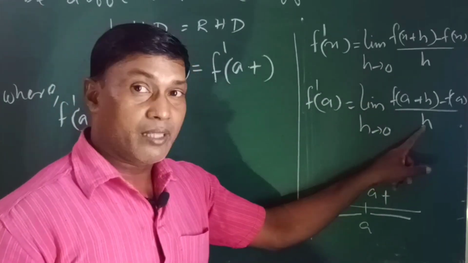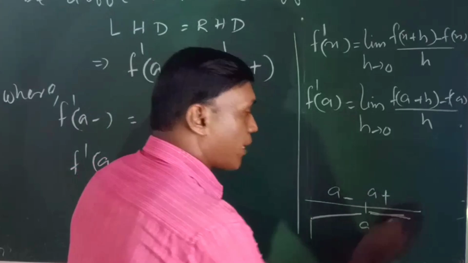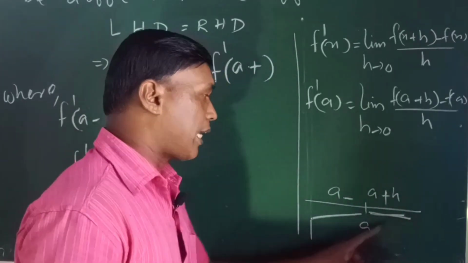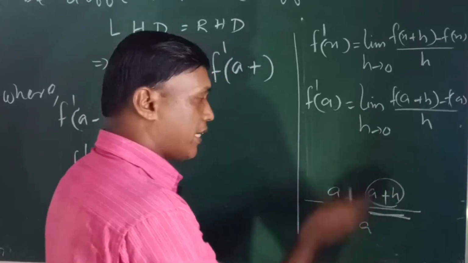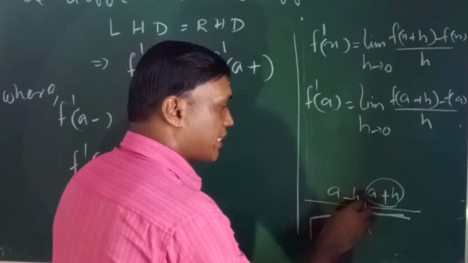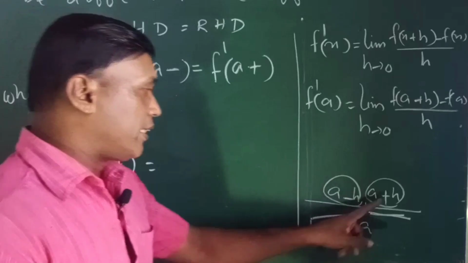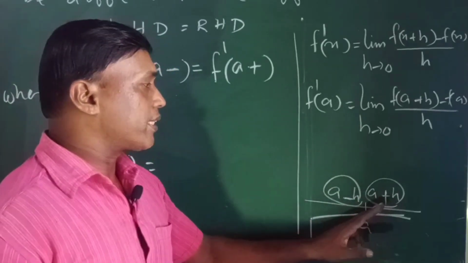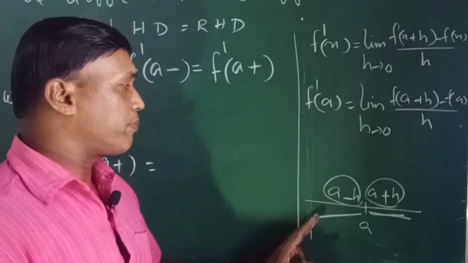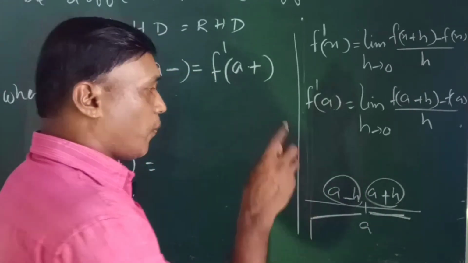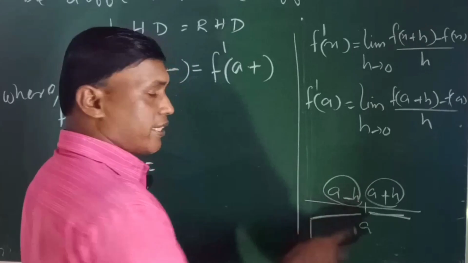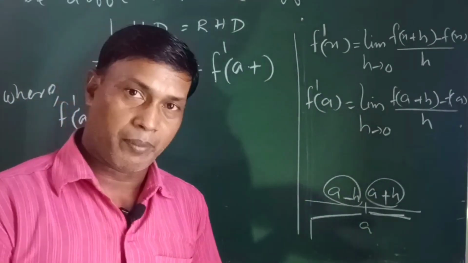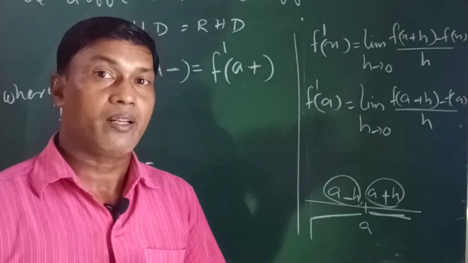This h is the increment. So any number right to a can be expressed as a plus h. Any number left to a can be expressed as a minus h. So plus h and minus h. Plus h represents right to a, minus h represents left to a. So only the plus h and minus h can decide which will be the right hand limit, which will be the left hand limit, which will be the right hand derivative, which is the left hand derivative.